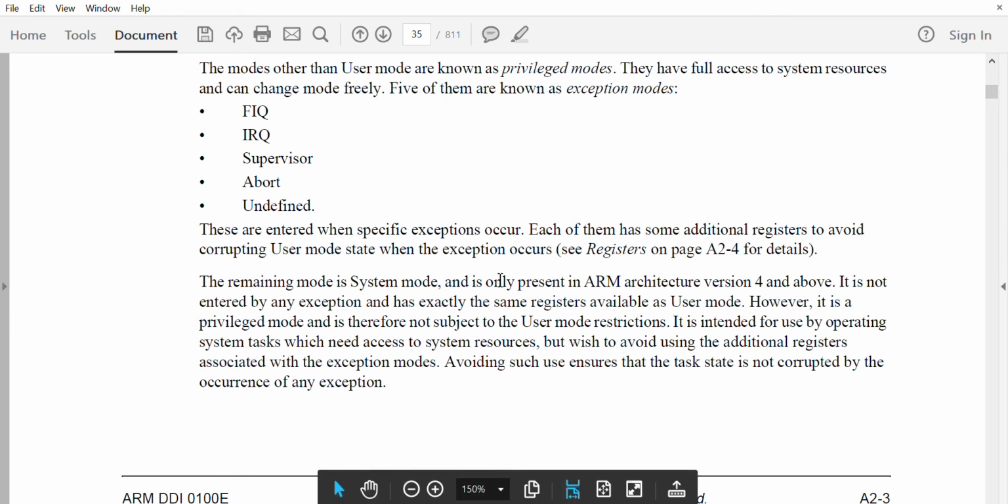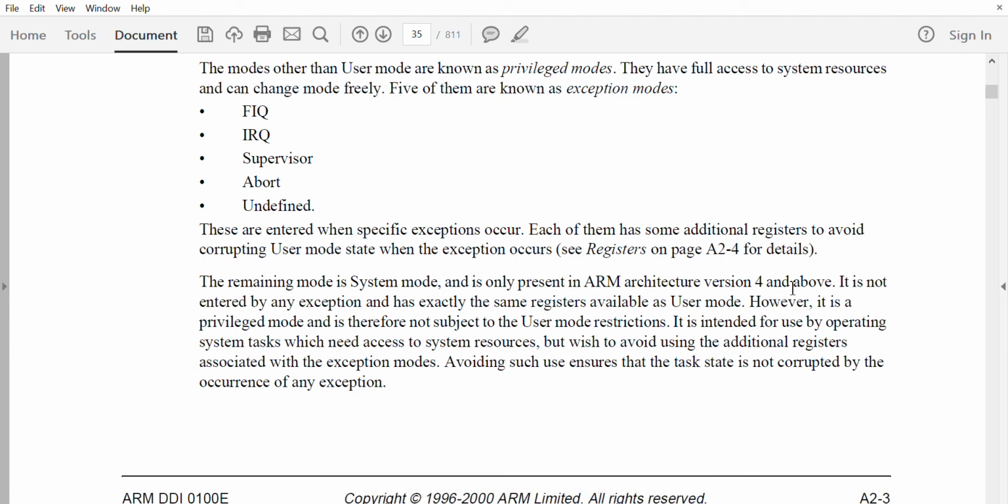System mode is present only in version 4 and above, so it's there in version 7. It is not entered by any exception and has exactly the same registers as the user mode. So the system mode has the same number of registers as available in the user mode, and you don't enter the system mode when an exception happens.